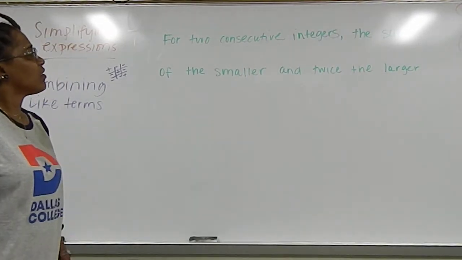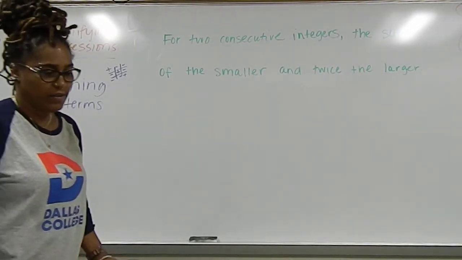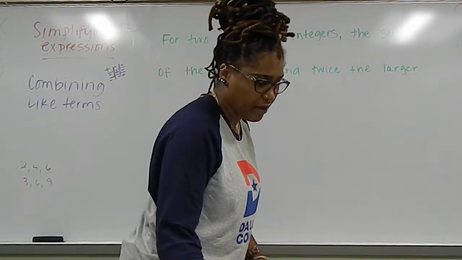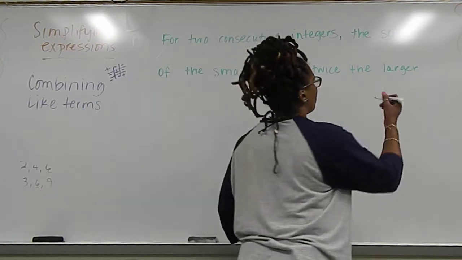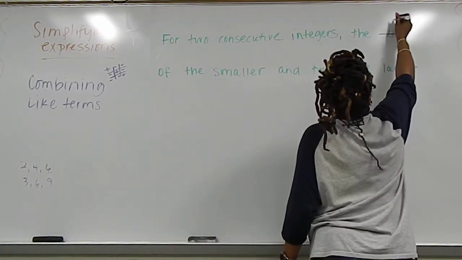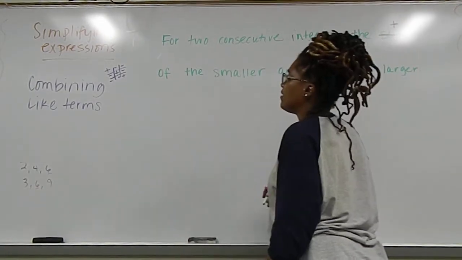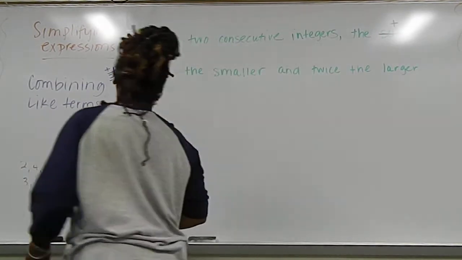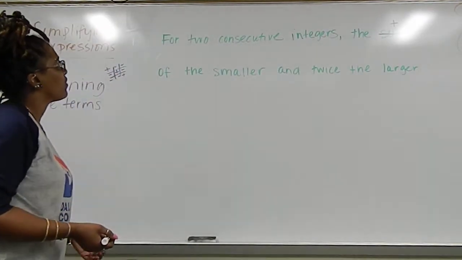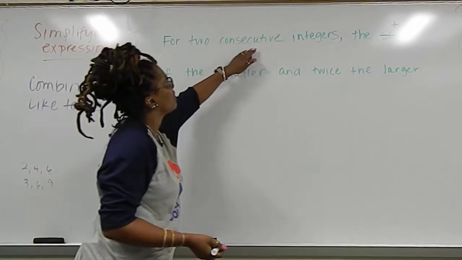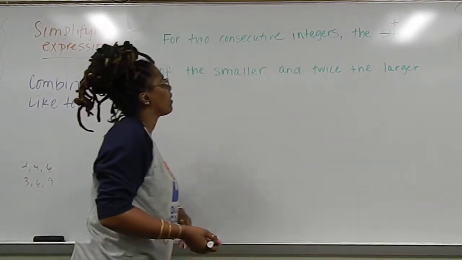Okay, so let me do something easy. Anytime you have word problems, I always suggest that you write it down and take the word out. We know sum means addition, right? So we're going to add something. And then we read it and we're comparing 2 consecutive integers, right?